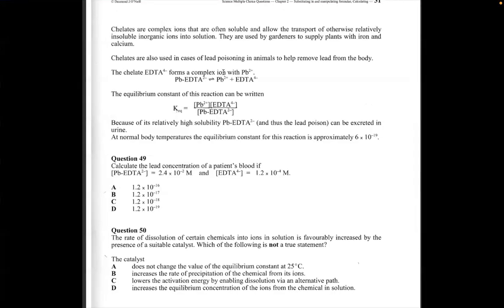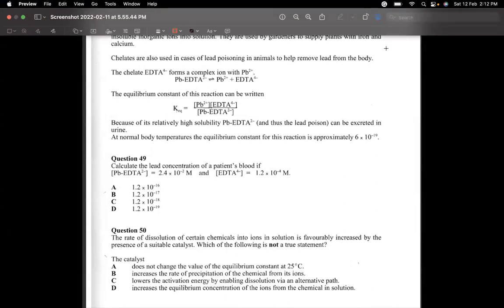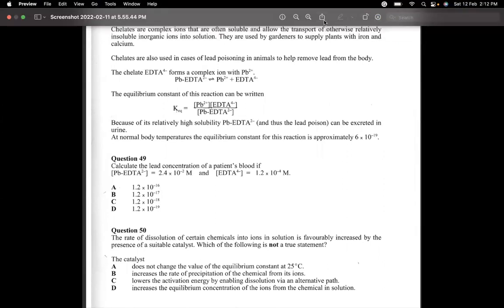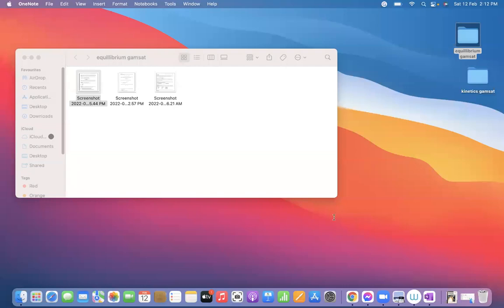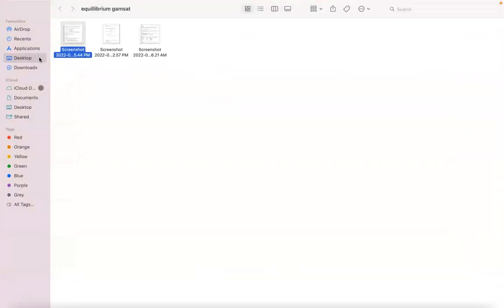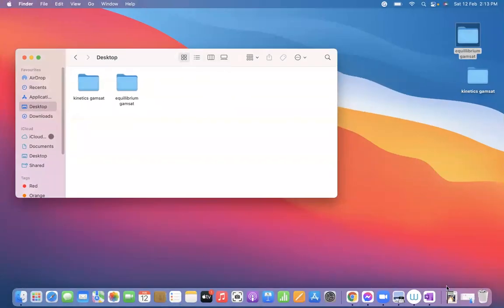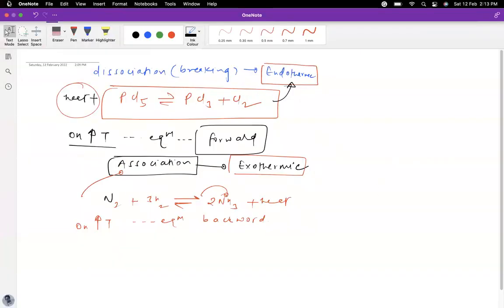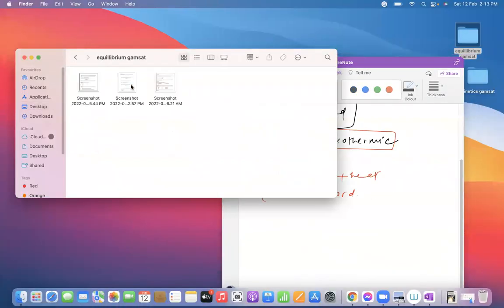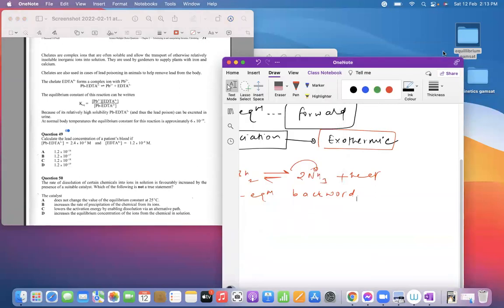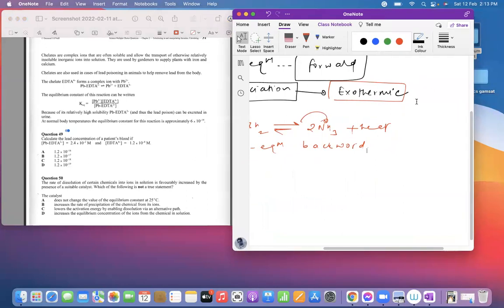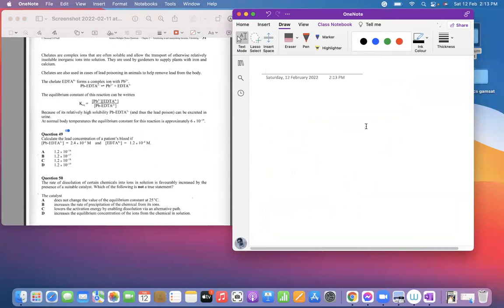Okay. Look at this question, Question 49. So now you can see the 49th question.